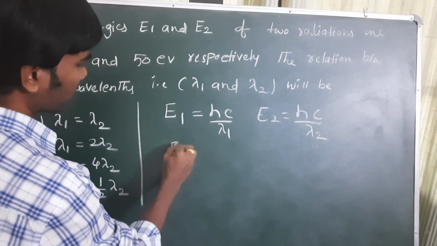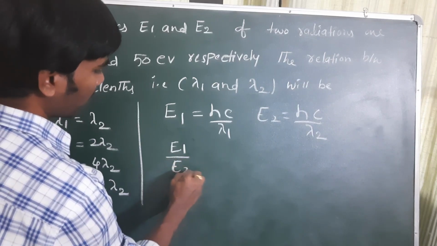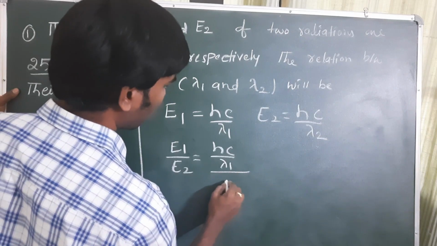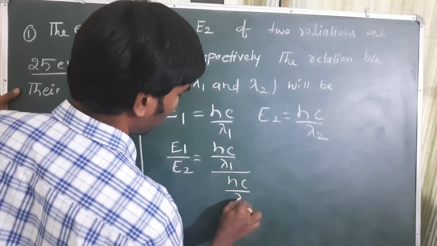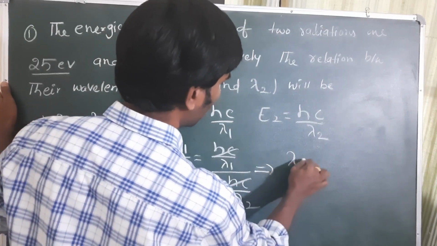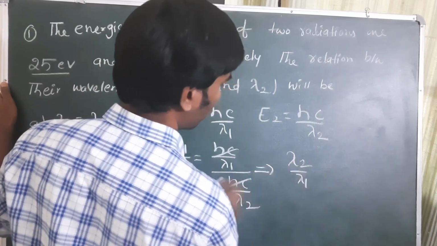So E1 upon E2 is equal to hc upon lambda 1 by hc upon lambda 2. hc gets cancelled, which is equal to lambda 2 upon lambda 1.